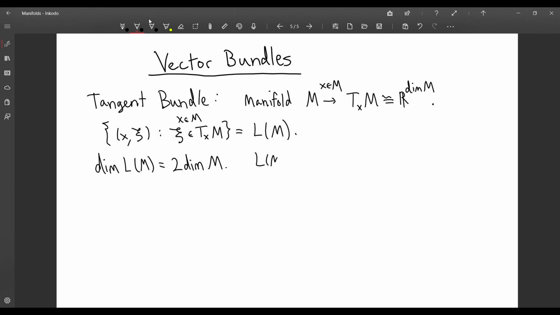Let me write more precisely: L of M is a manifold of dimension 2 dim M.